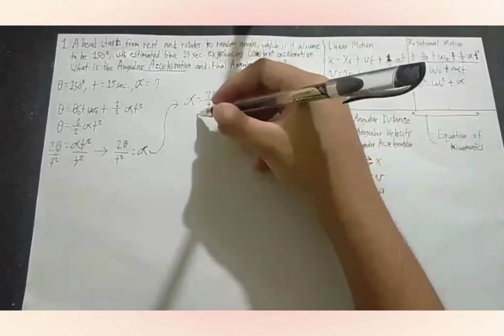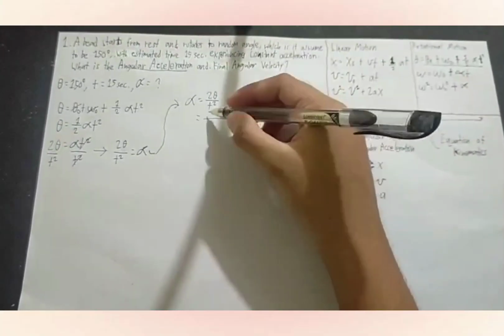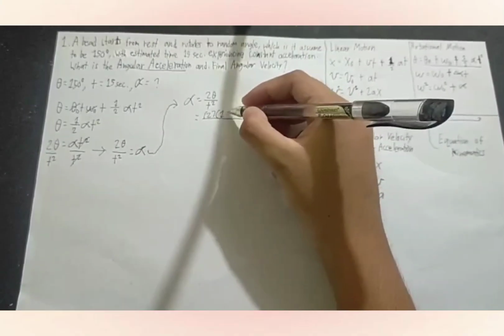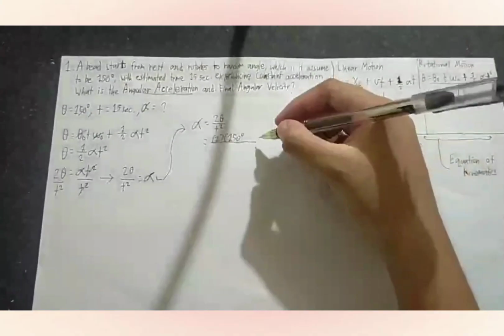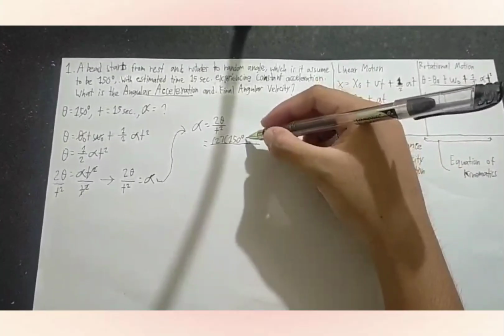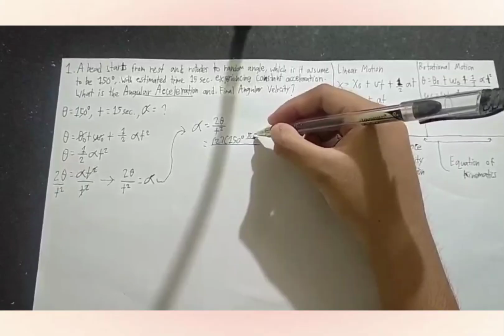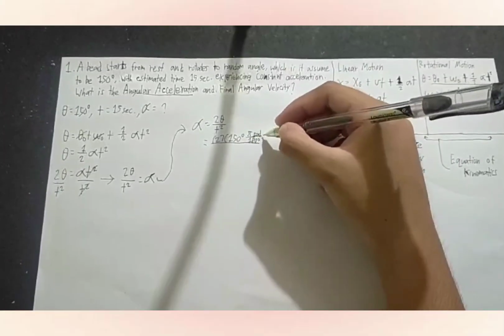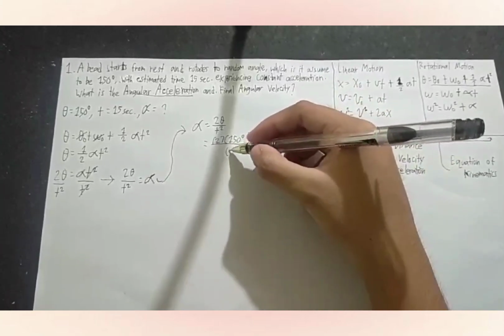Now, let's substitute. 2 times 150 degrees. But according to the rule of rotational motion, it must be converted from degrees to radians, so we multiply by pi radians divided by 180 degrees. Below, the time, which is 15 seconds.